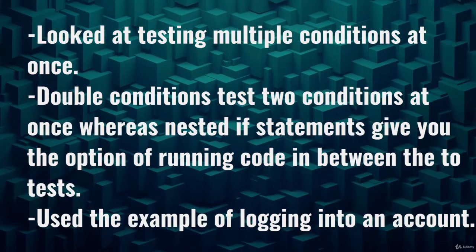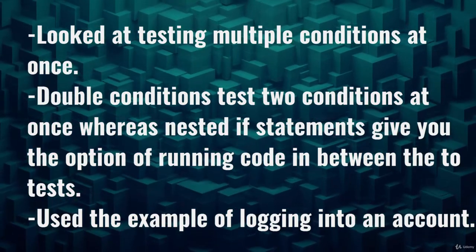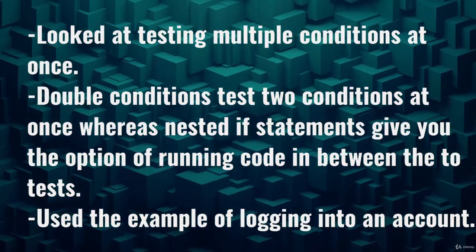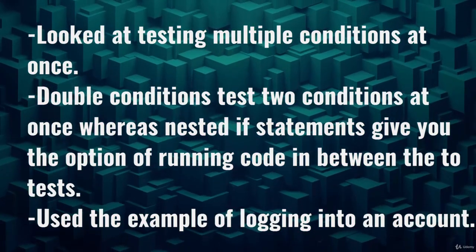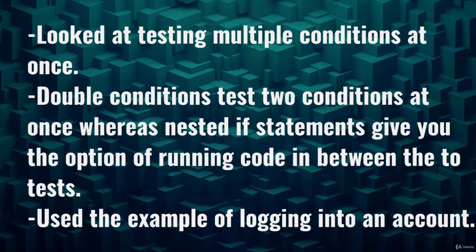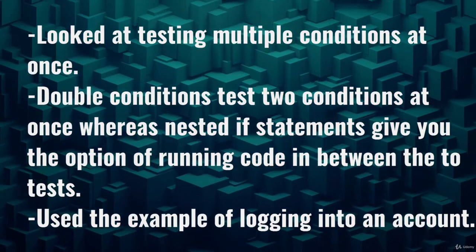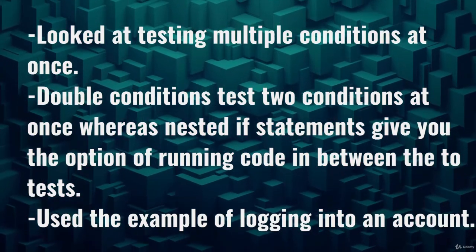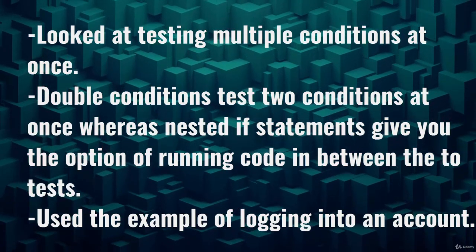With nested if statements, you have the option of running code between the two tests. We test the first test, then we can execute some code, then we test the second test. That allows us to run a little more of the code based on only one test rather than two at once.